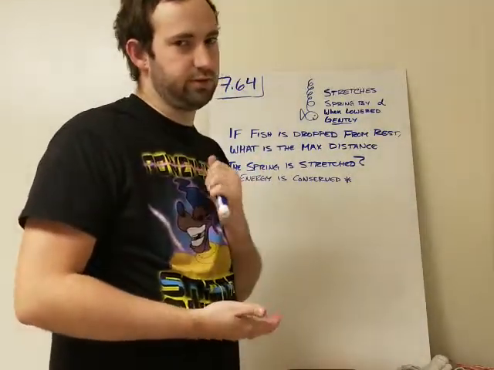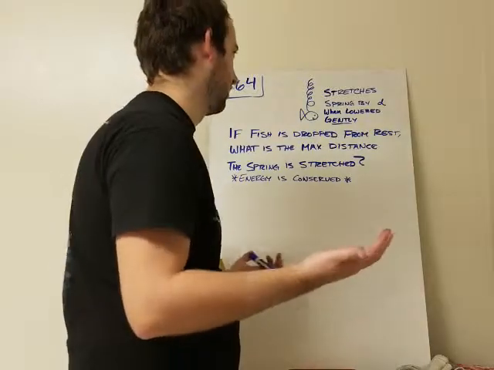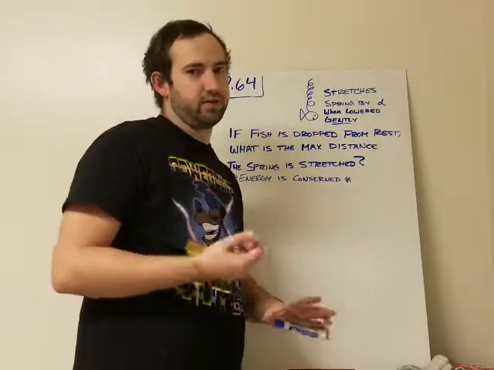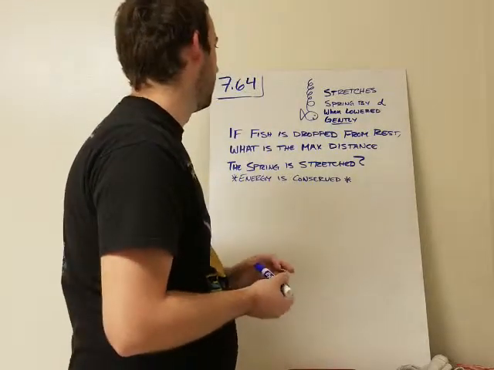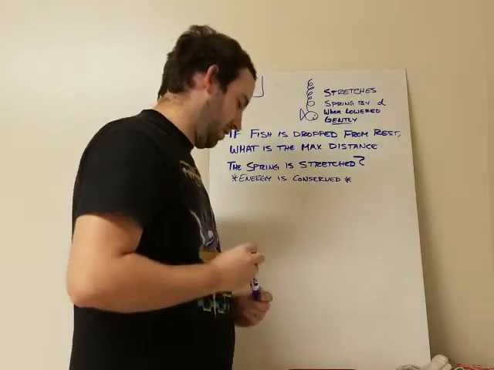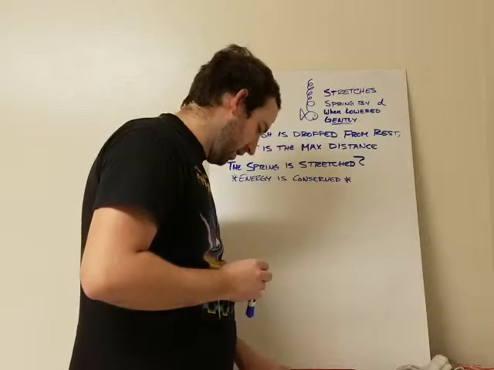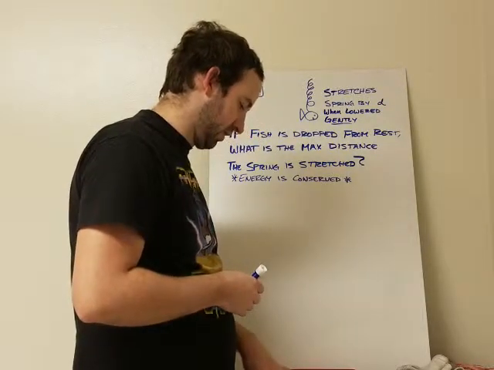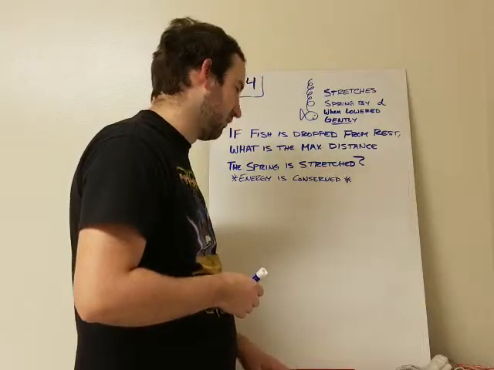It didn't mention anything else, and it's just a spring, so we don't worry about air resistance or anything like that. It also says in the problem, as a hint, to calculate the force constant of the spring in terms of distance and the mass of the fish.